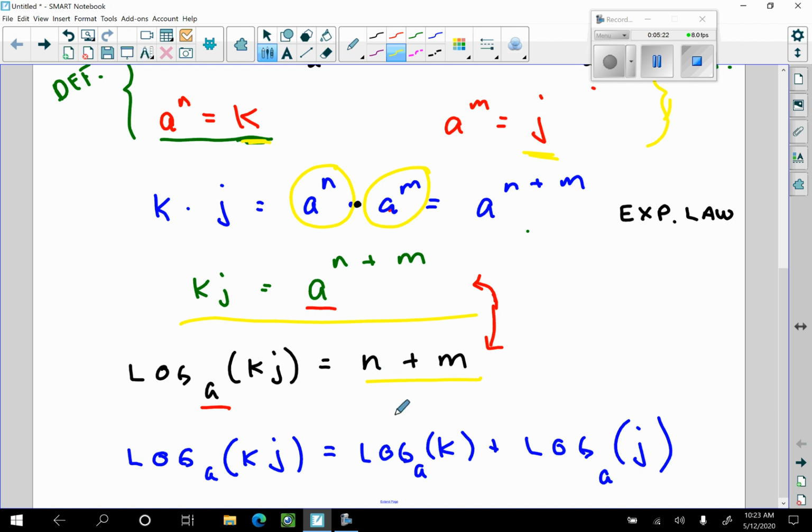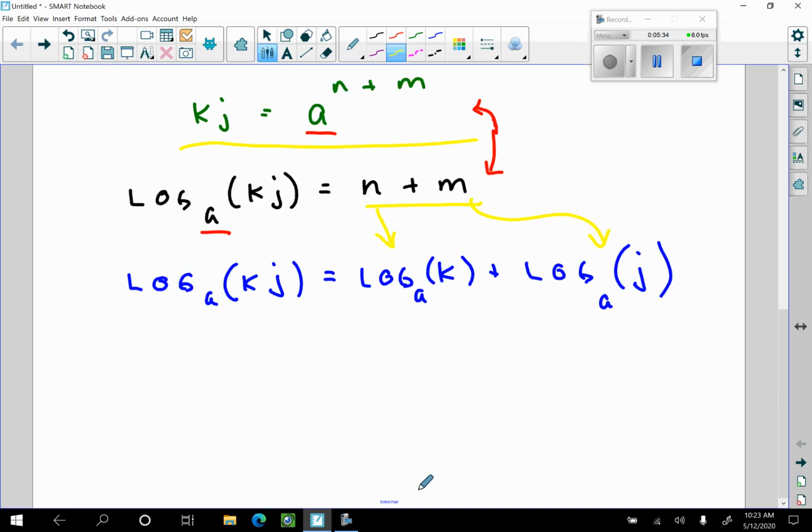Well, what is n? N, we let be log base a of k. What was m? Log base a of j. And that, ladies and gentlemen, is the verification of the product property of logarithms. You will need that on your IXLs. Okay? And I'm going to show you how we apply this particular property in a couple slides coming.